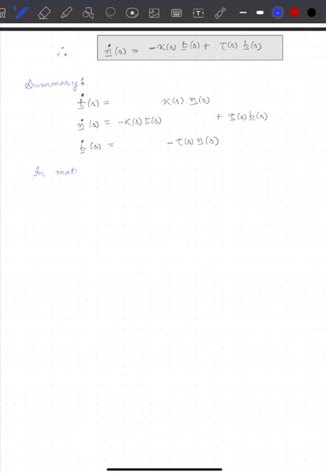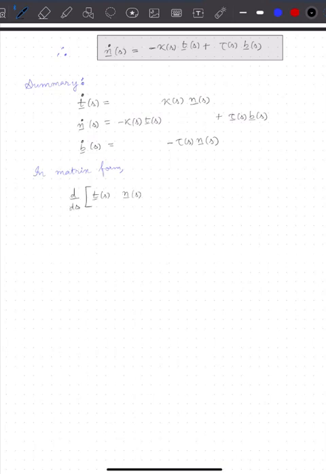So in matrix form, we can write it as d by dS of T vector of S, N vector of S, and B vector of S, or maybe why not do it vertically? We'll write in both forms.